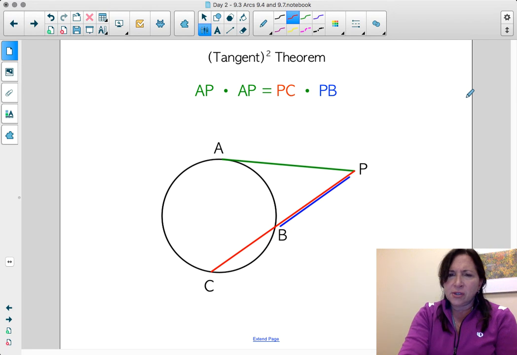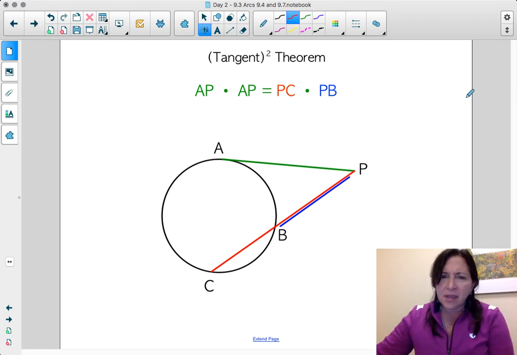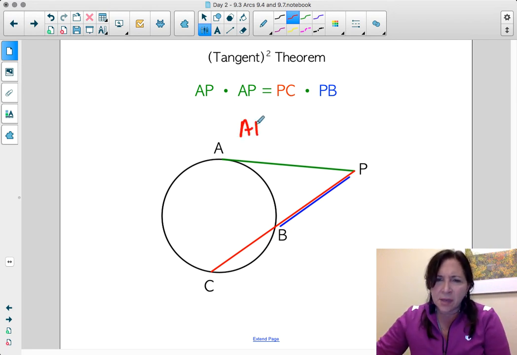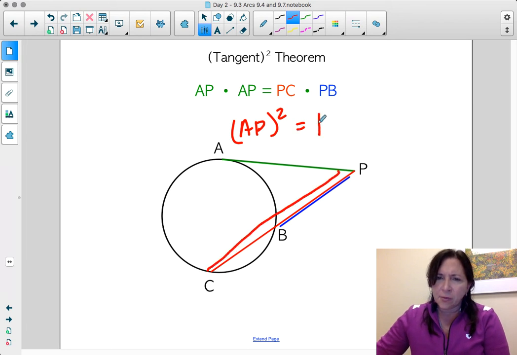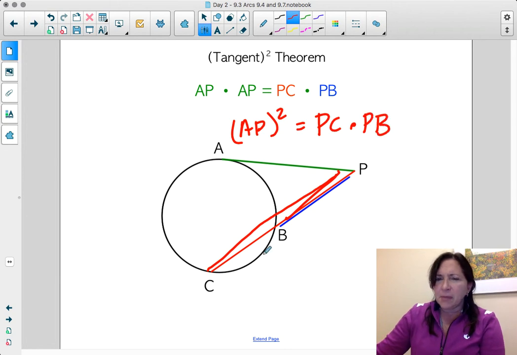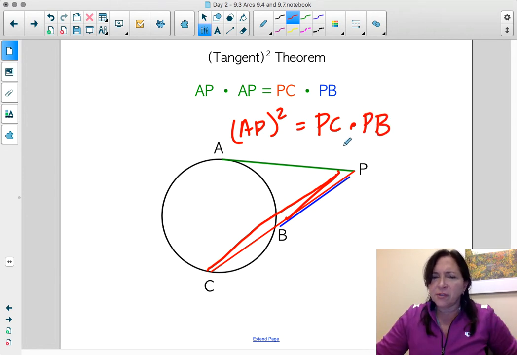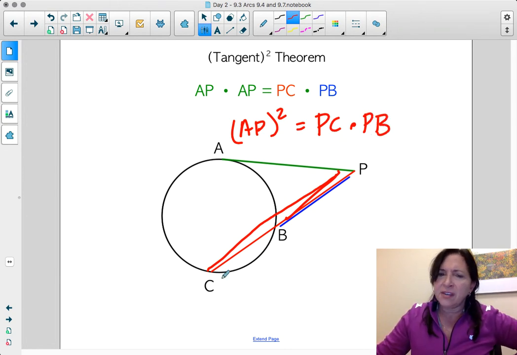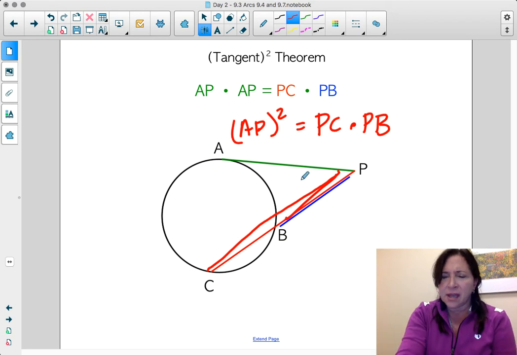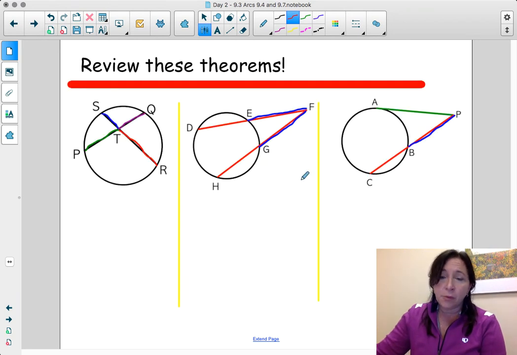So just writing it again, AP times AP, which again is AP quantity squared, is equal to PC, the whole length, so PC times PB. And just keep in mind, multiplication is commutative, so I could say PB times PC instead.